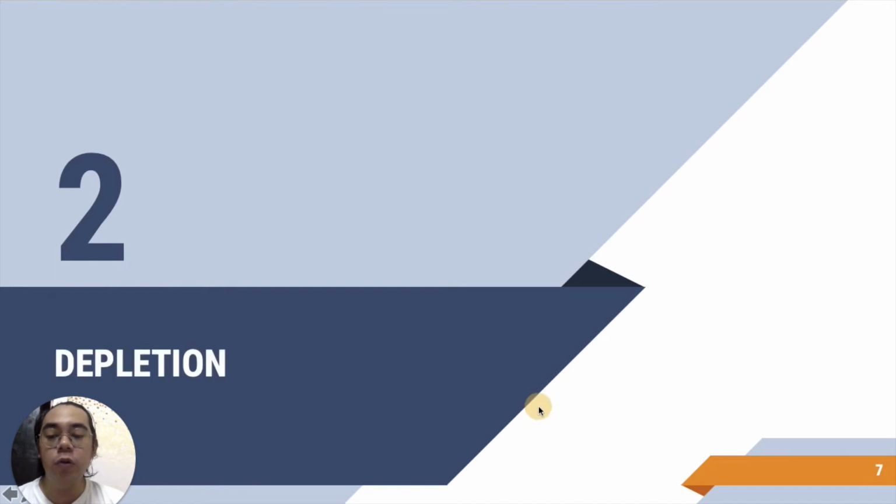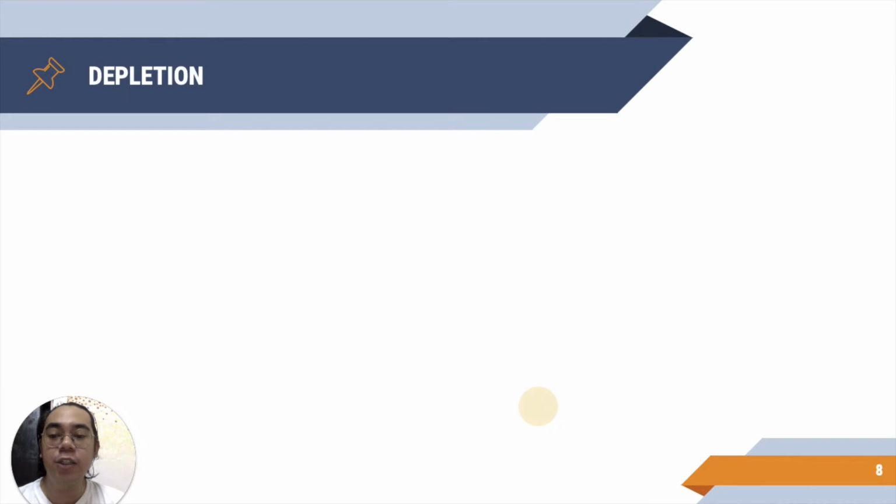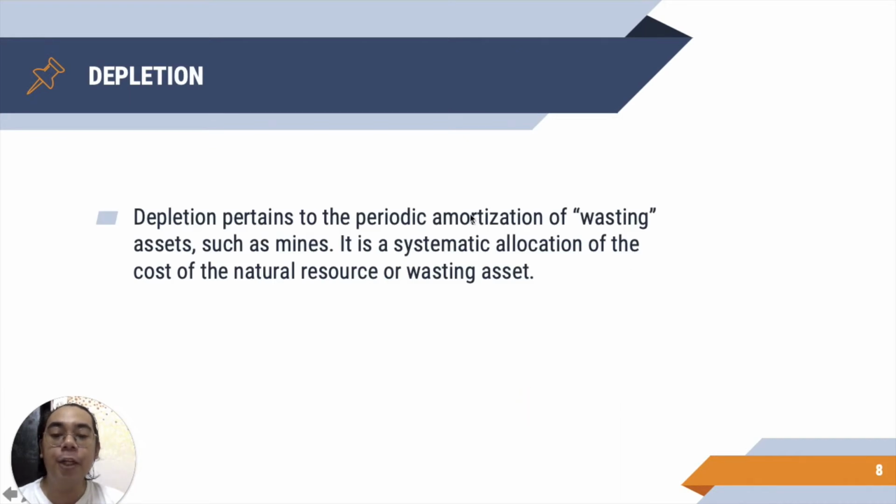So now we go to depletion. Okay, so accordingly, depletion is the periodic amortization of wasting assets such as mines. So yung mga mining areas, we call them wasting assets. It is a systematic allocation of the cost of the natural resource or wasting asset.